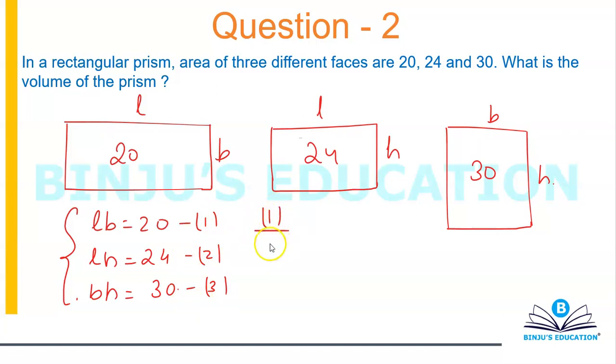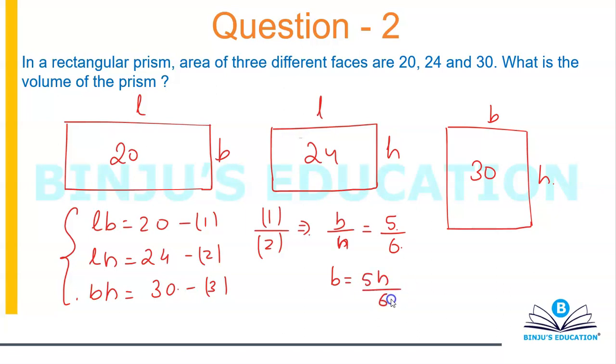Doing equation 1 divided by equation 2, I get B by H equal to 20 by 24, which simplifies to 5 by 6, so B is equal to 5h by 6.